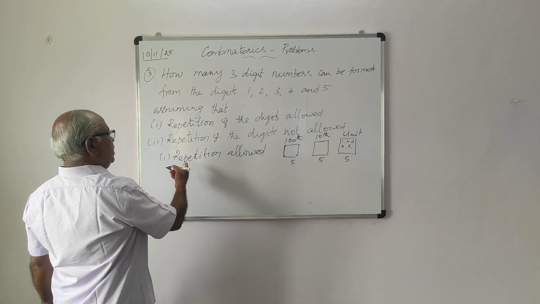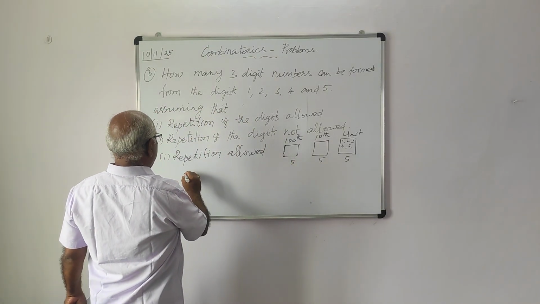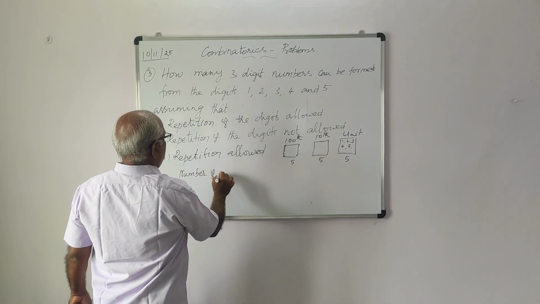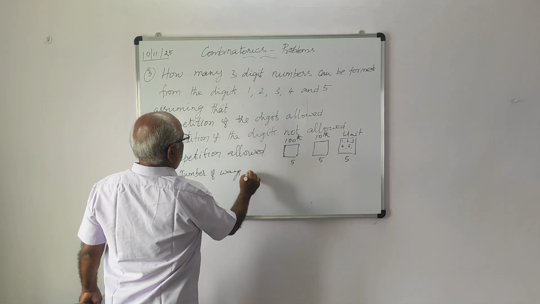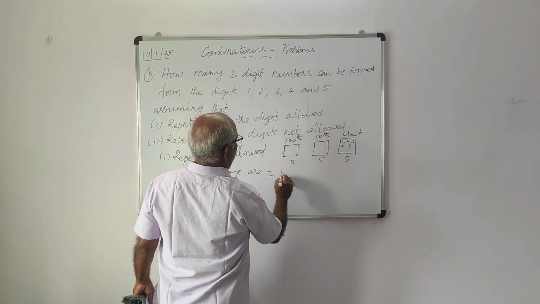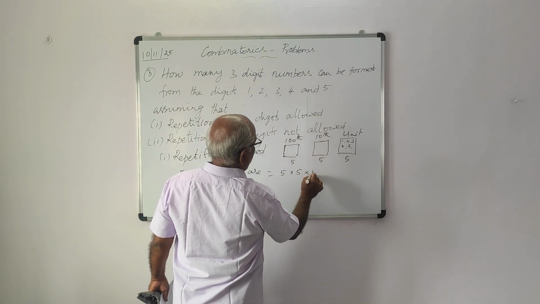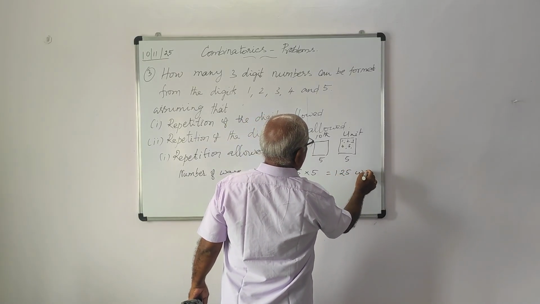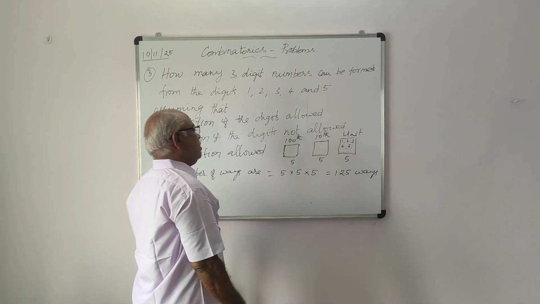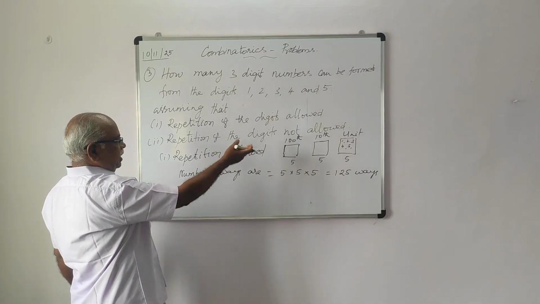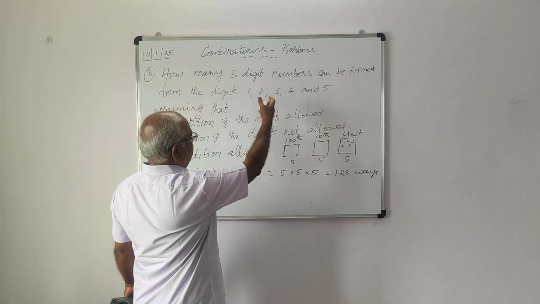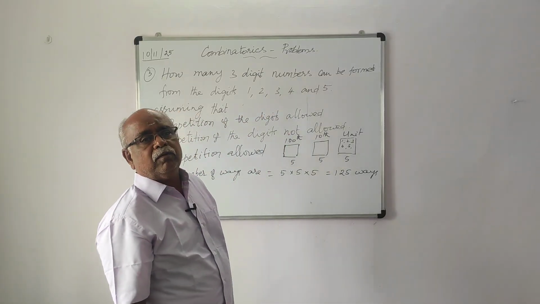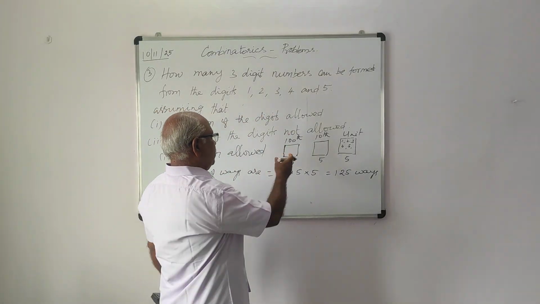So the total number of ways is 5 into 5 into 5, equal to 125 ways. So, with repetition of digits allowed, you can form 125 three-digit numbers.